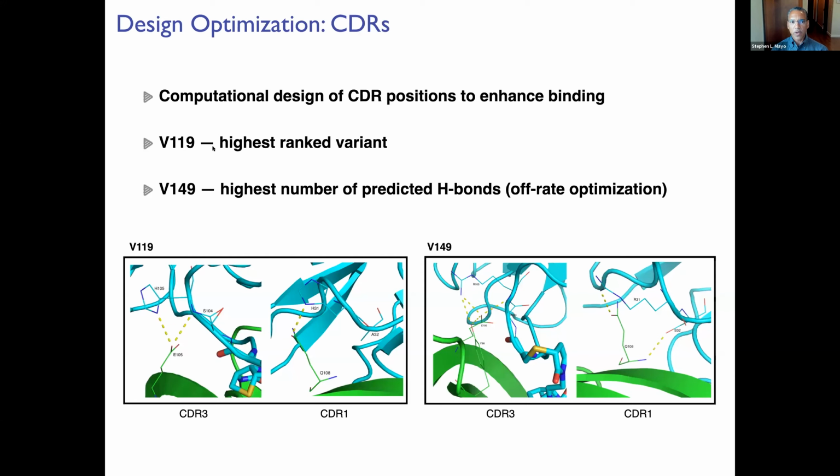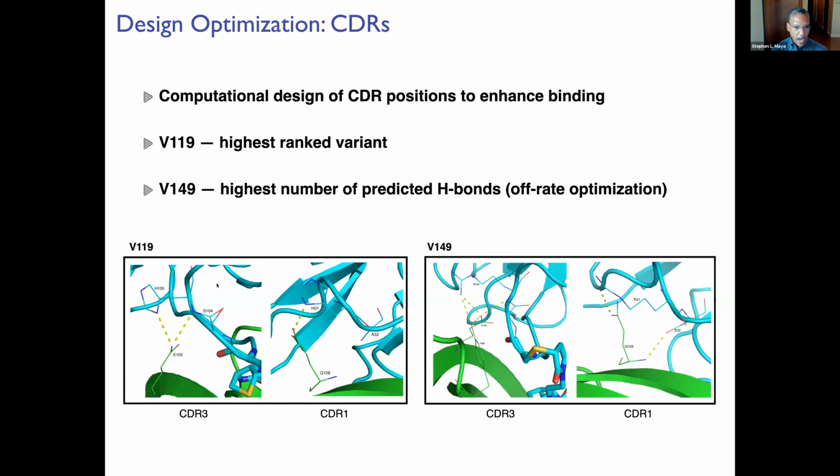We selected 2 variants, both 4-fold variants of the parent. Variant 119 is the highest ranked variant by binding energy. And variant 149 was the highest ranked variant that still had good binding energy, but also had the largest number of predicted hydrogen bonds, with the idea that this might optimize the off rate.